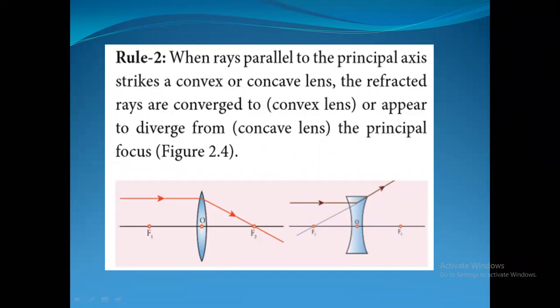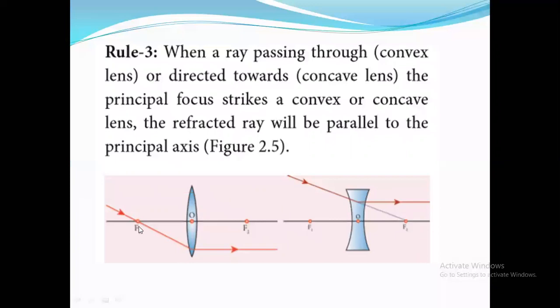Next, rule 3. When a ray is passing through the principal focus, directed towards the principal focus, F1 is the principal focus. The refracted ray will be parallel to the principal axis.